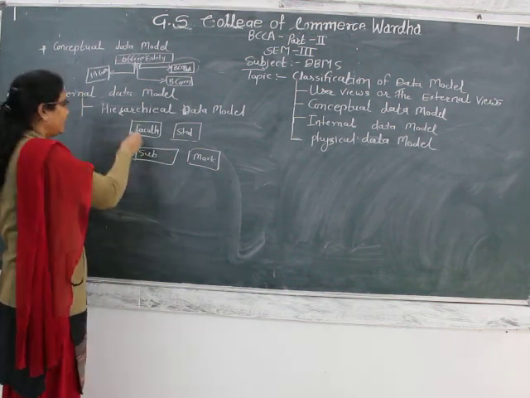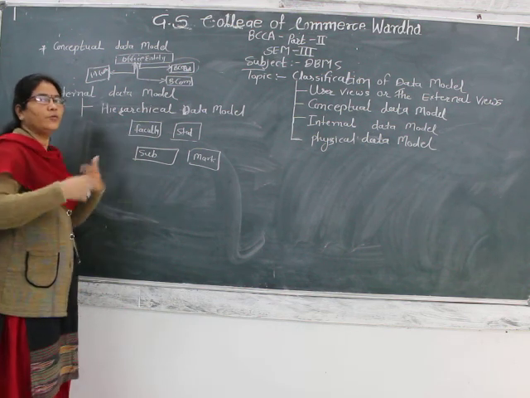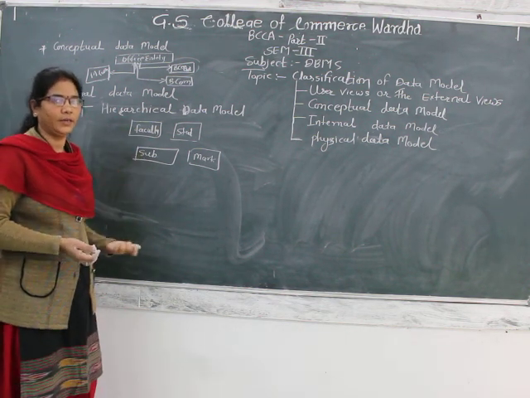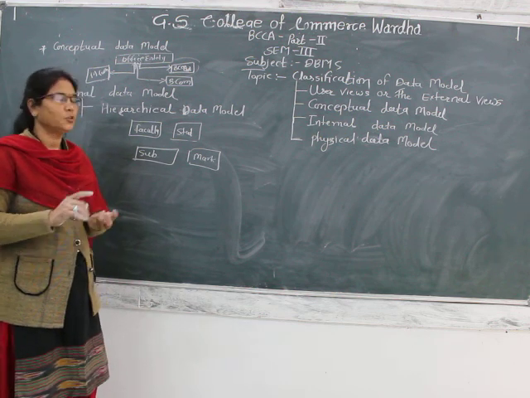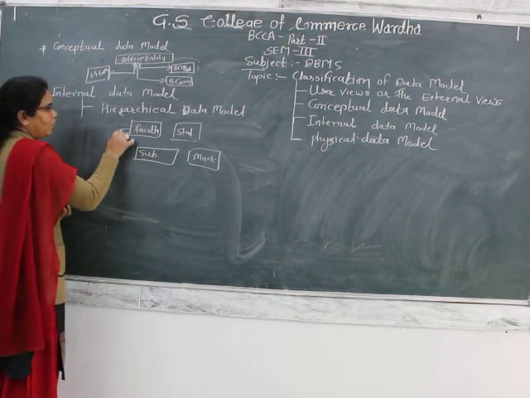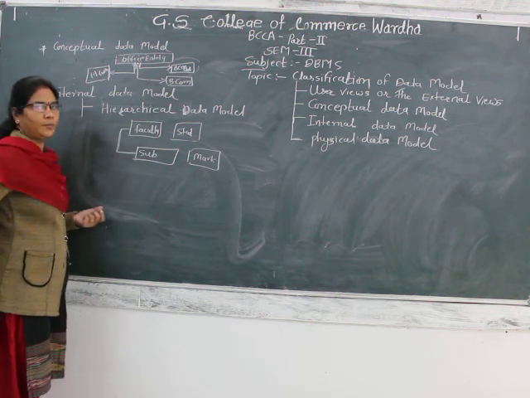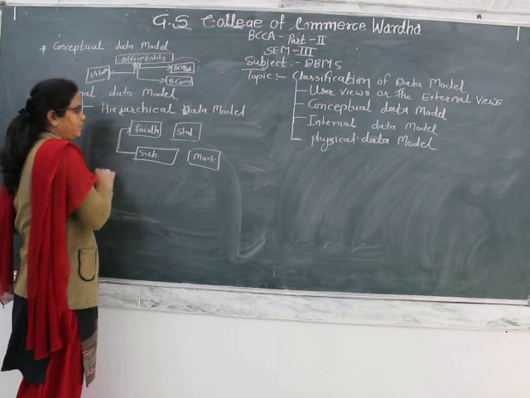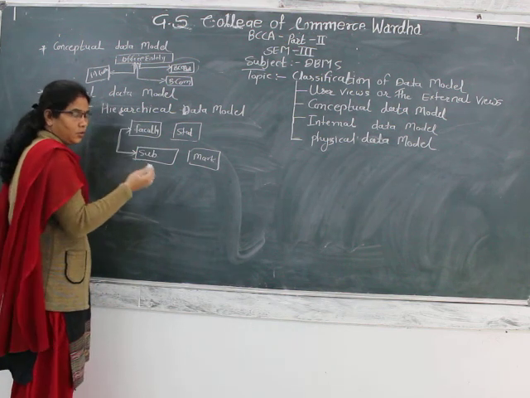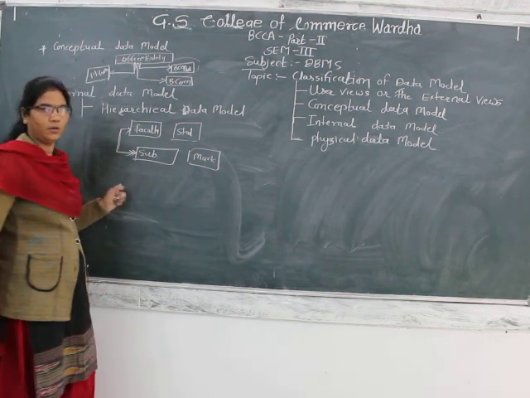So basically, when we decide the faculty, what do we have to store in the faculty entity? The faculty name, faculty salary, faculty subject. So basically one or more subjects are taught by the faculty. So the relationship between them is one or more. So 1:many, one or more.